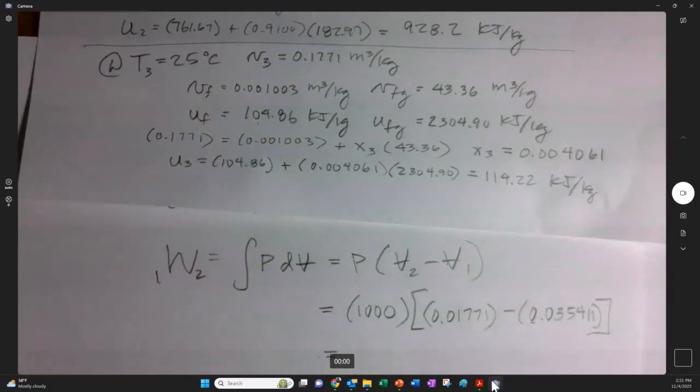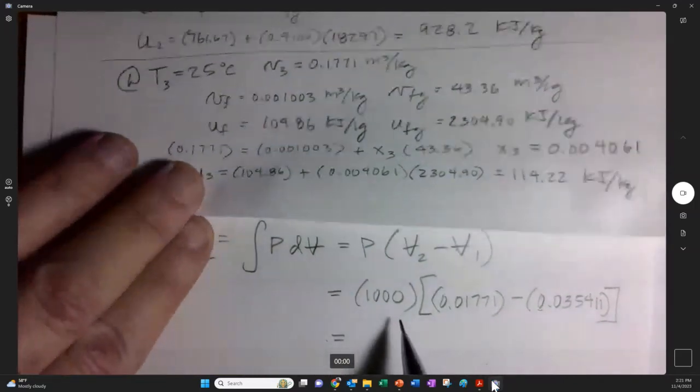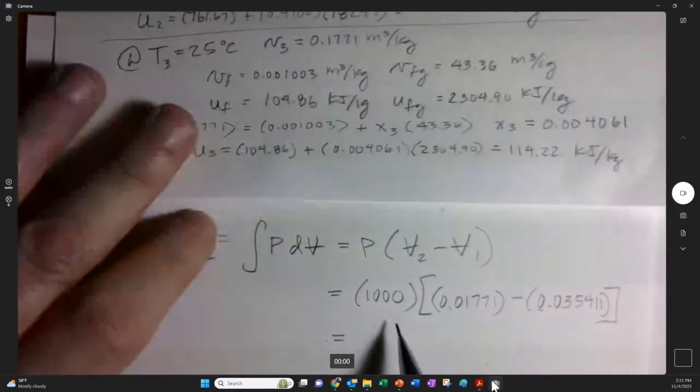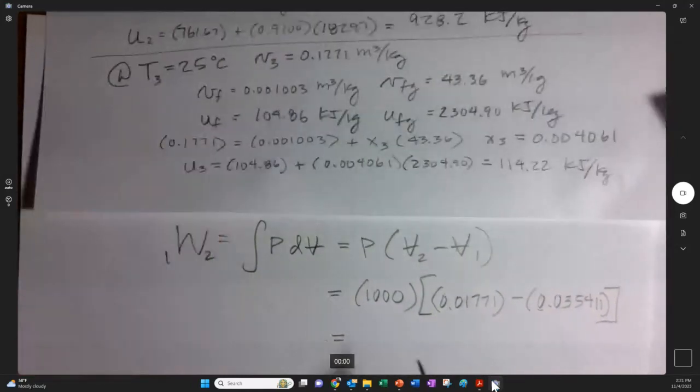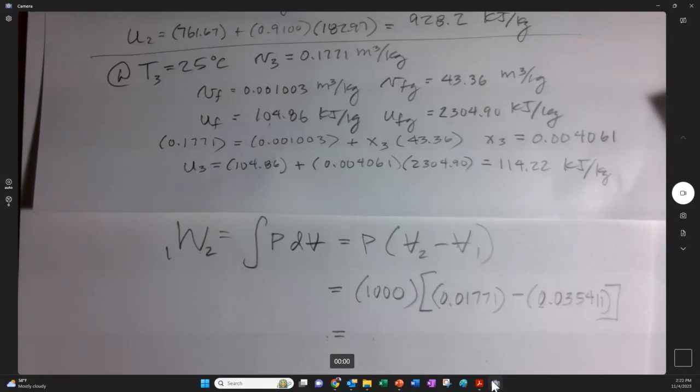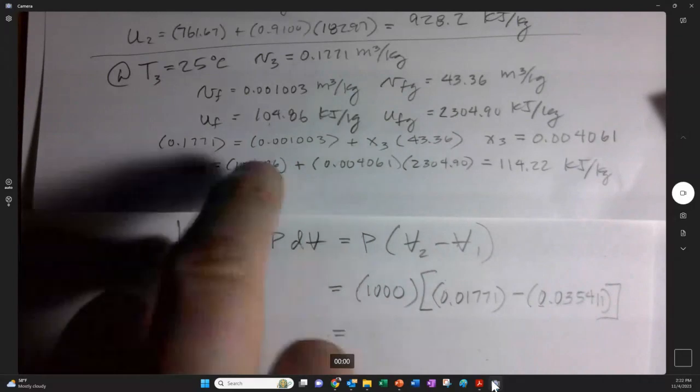Because this one's bigger than that one, and therefore work would need to be put into the system, because work is typically out. These conventions are meant to help us, but sometimes they could be more trouble than they're worth. What it essentially says is that this is actually gravitational energy.